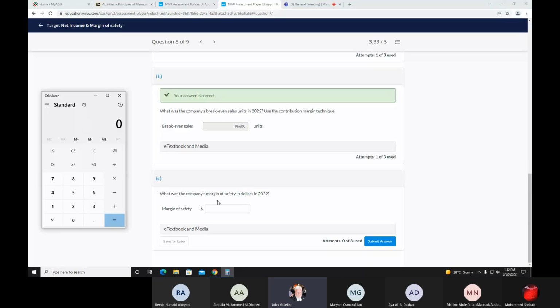All right, now we want to know the margin of safety in dollars. Okay, so the margin of safety is what I'm selling minus what I need to break even in dollars. So now you need the ratio.